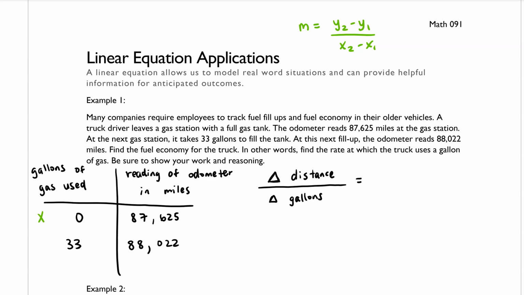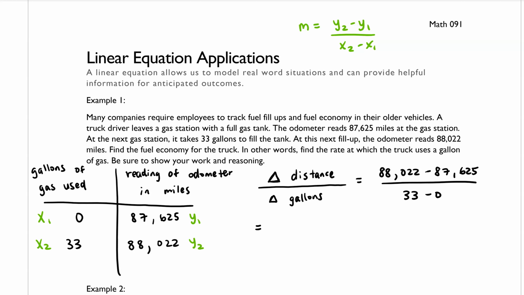So I can label this one x1, this x2, this y1, and this y2. If I use that formula, I would calculate the change in the distance, so 88,022 minus 87,625, and then divide that by 33 minus 0.